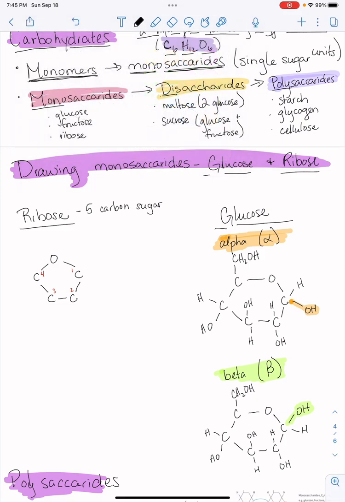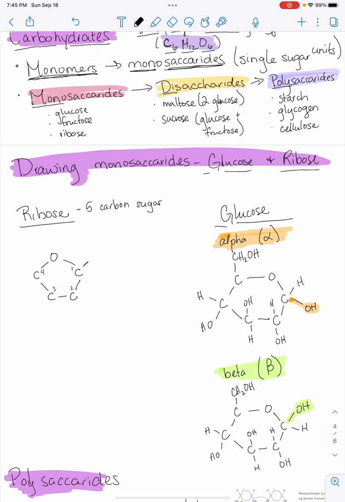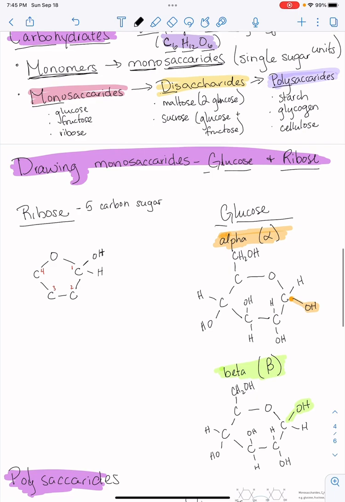We also have an oxygen at the top of our ring. Carbon 1 has a hydroxyl group, OH, and another hydrogen. Same with carbon 2 and carbon 3, they both have hydroxyl groups.